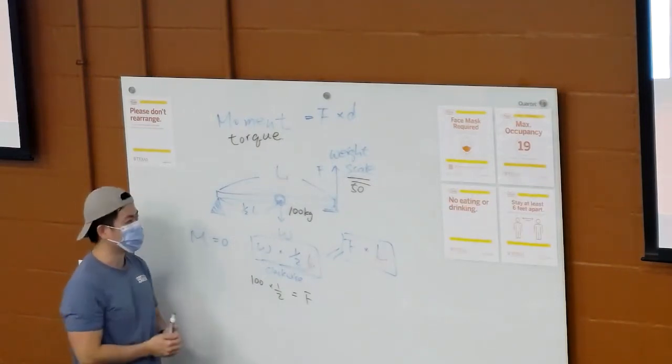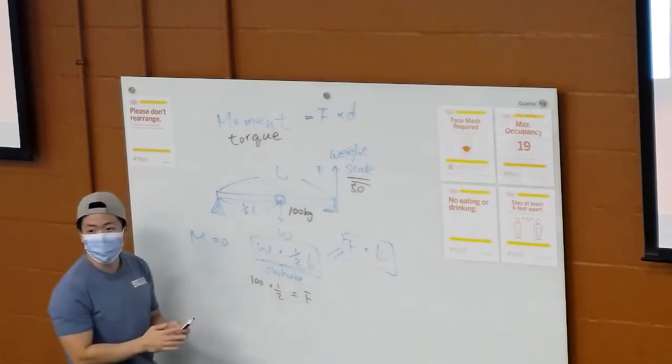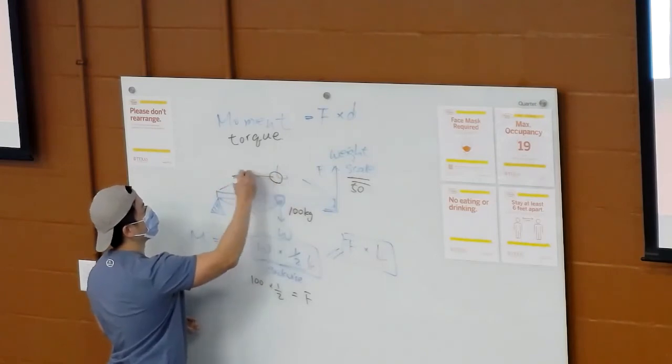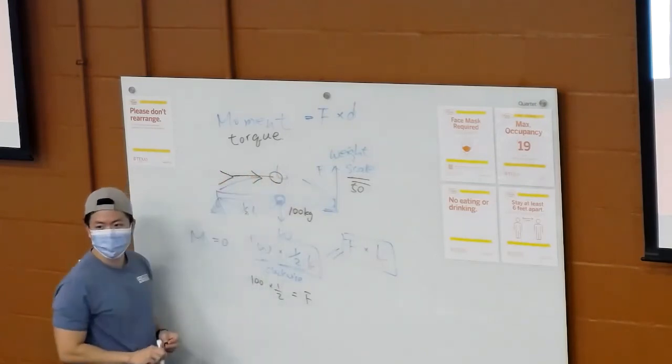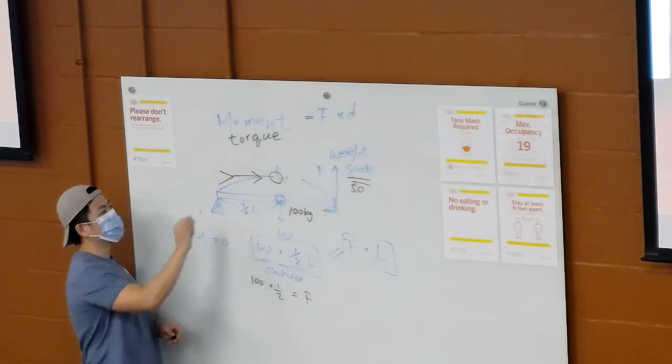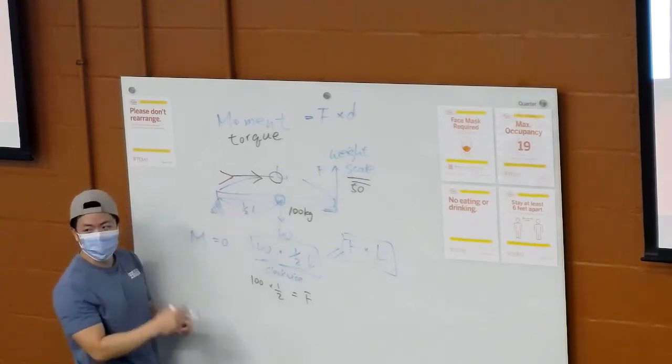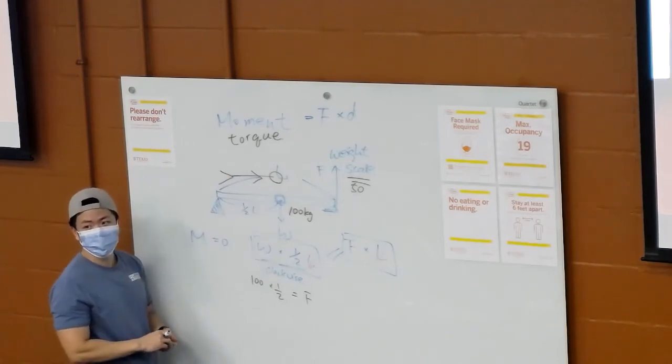Okay? Right now, the system will be a little bit harder because there will be a guy lying on there. And think about it. If a person is lying on the board, which direction of moment will be created?